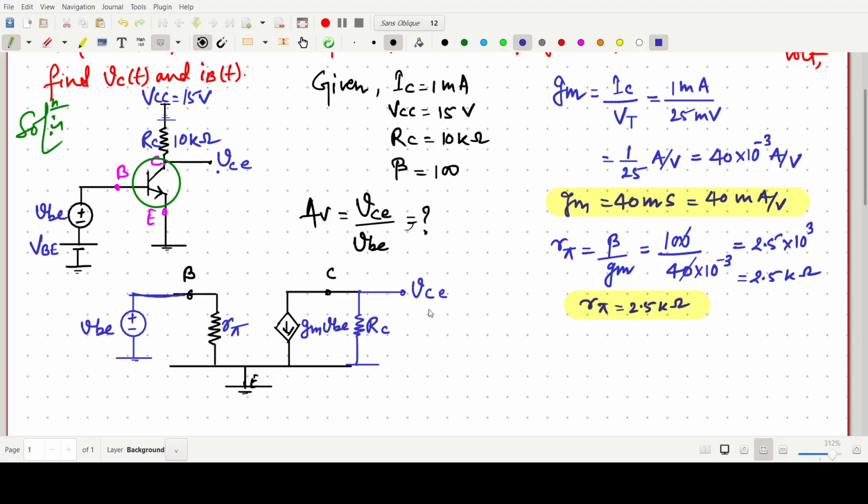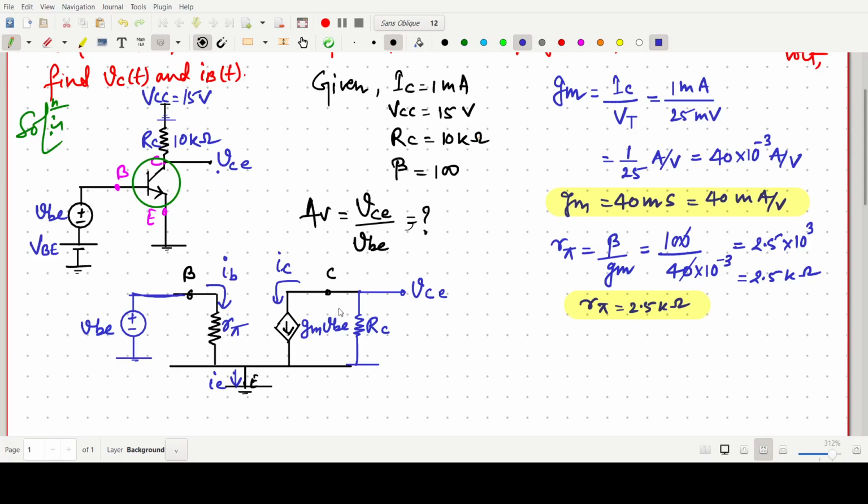That thing we have to find: VCE by VBE. In this one, this current is our IB, this current is IC, and this current will be our IE. Okay, simple hybrid pi model we have drawn.